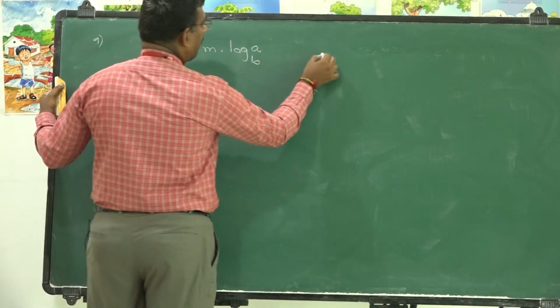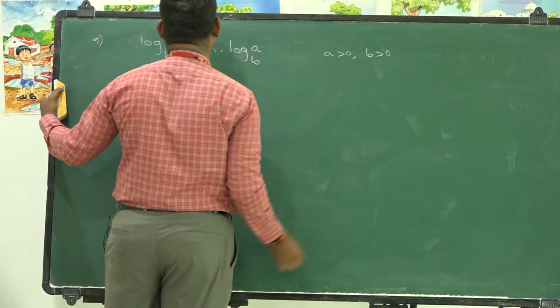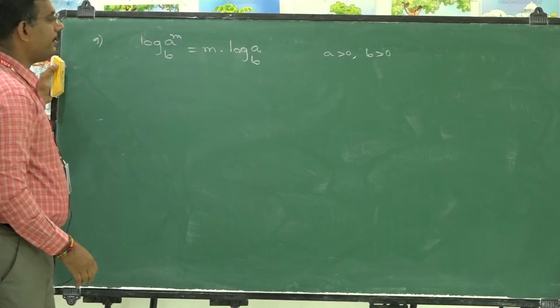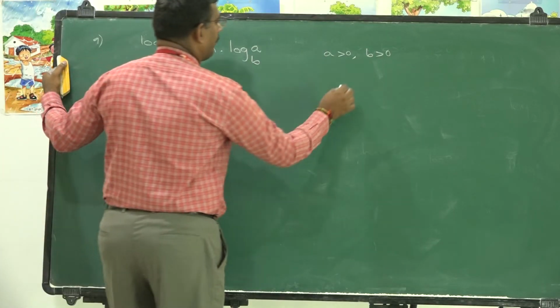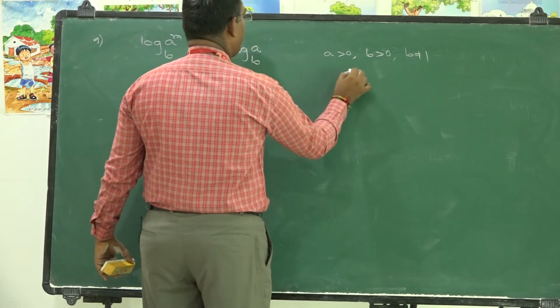Here a and b are positive real numbers, b is not equal to 1, and m is any real number, m belongs to R.